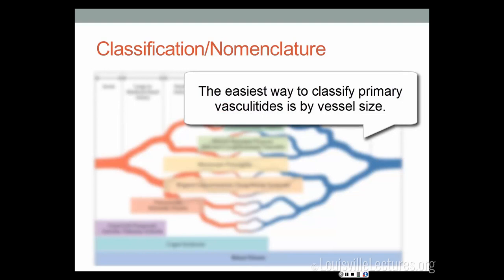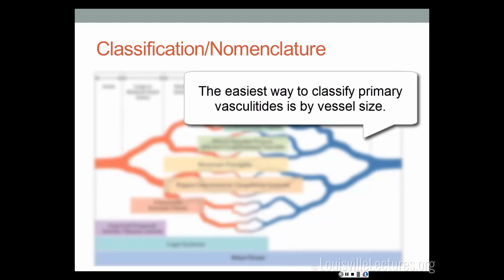So there's lots of different ways to classify the primary vasculitides. The easiest is probably by vessel size, although this is far from perfect, mainly because there's so much overlap. So these are mainly small vessel vasculitides. Microscopic polyangiitis is mainly a medium vessel vasculitis. Giant cell is mainly a large vessel vasculitis, but these classifications are not great because there is overlap.